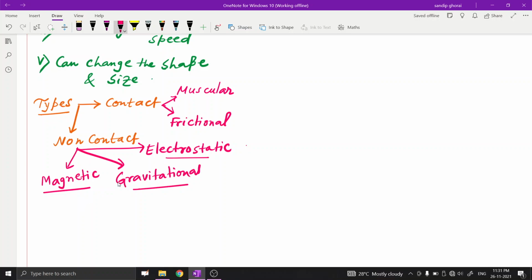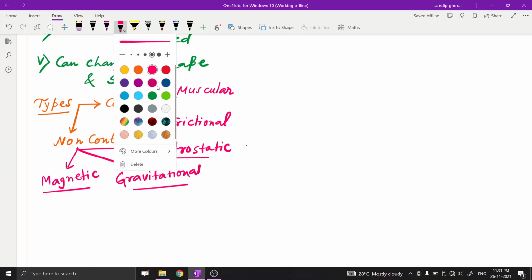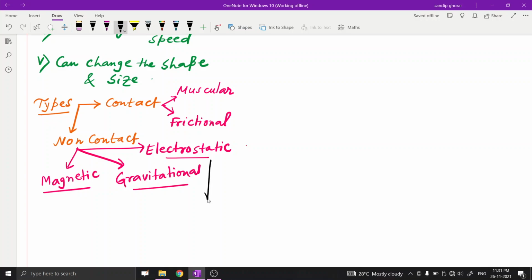Now here you have to remember, for electrostatic force, suppose there are two charges. If we take two positive charges, then in this case we get a repulsive force.